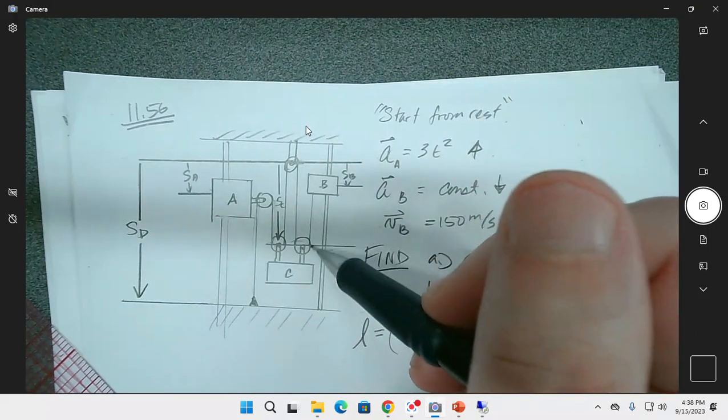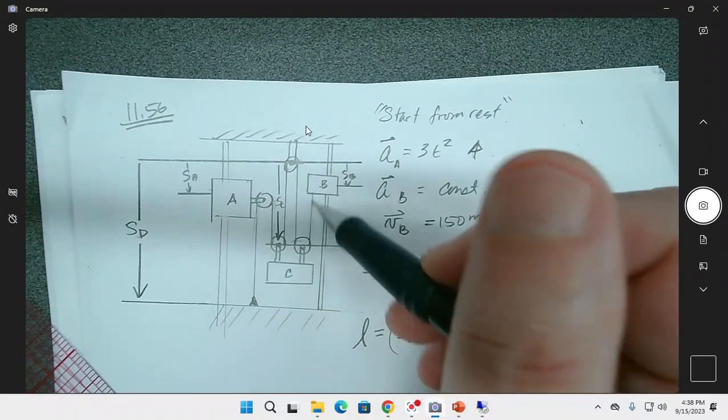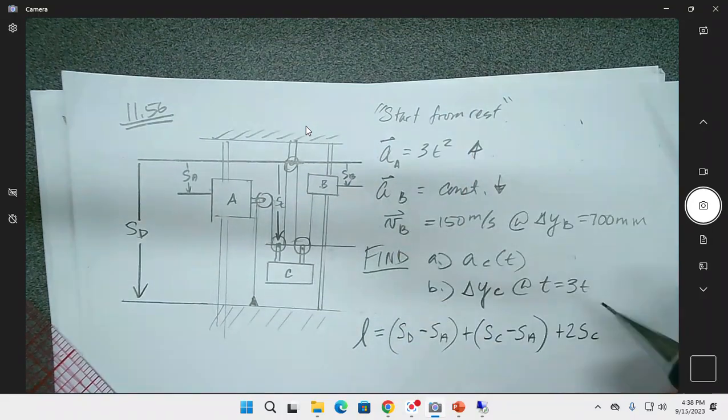And this last piece should be SC minus SB.